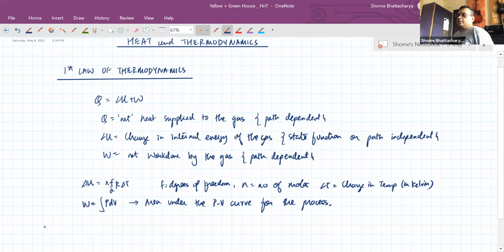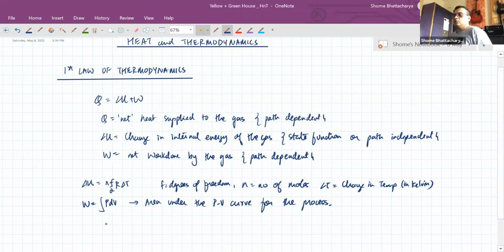4 named or standard processes. So let's begin with the understanding of that. Much of this you're familiar from chemistry, but in chemistry, remember that you write W on the left hand side of the equation because you write W as the work done on the gas, which definition becomes minus integration PdV. Here it is the work done by the gas, which definition is integration PdV.